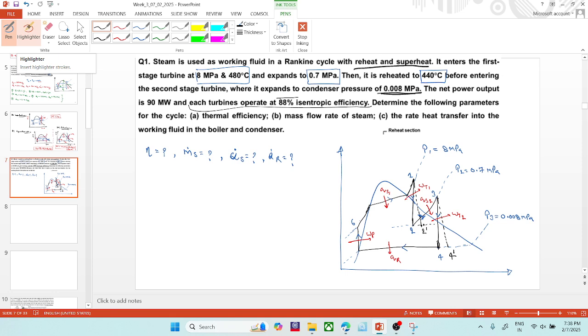So our first task would be to determine the enthalpies at point 1, point 2 dash, and 3.